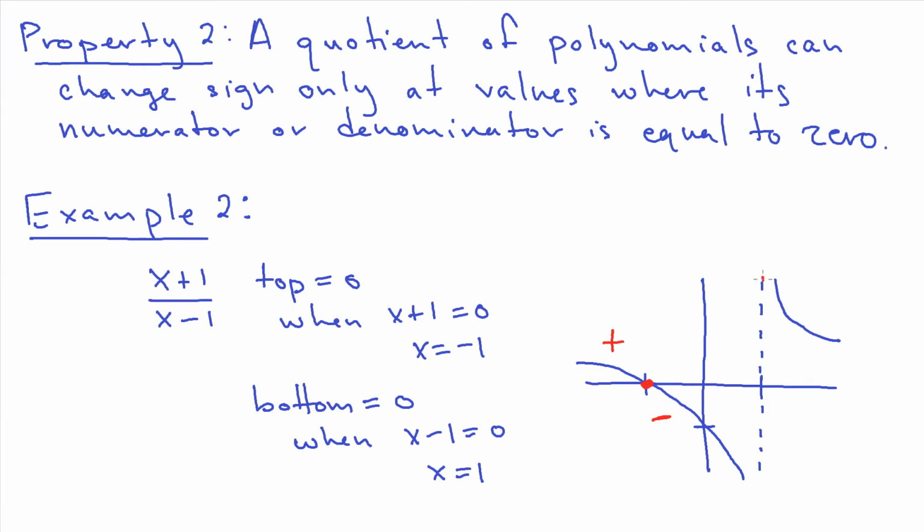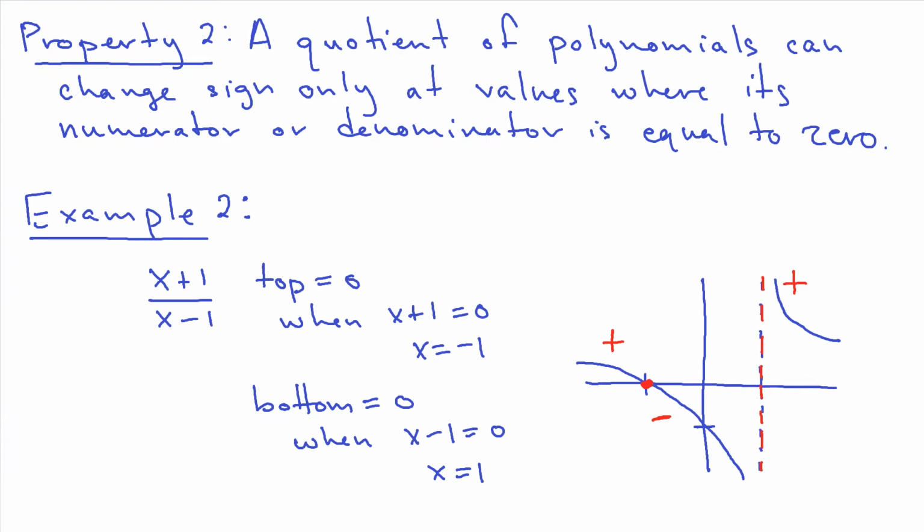So this vertical asymptote is at x equals 1, and we see that the graph, which was negative to the left of that, is positive to the right of that. So at x equals 1, the graph goes from negative to positive.